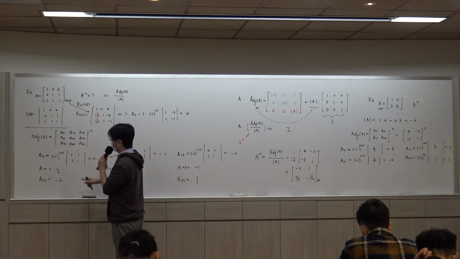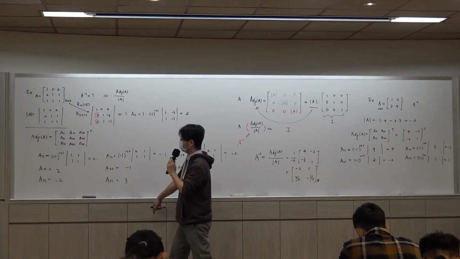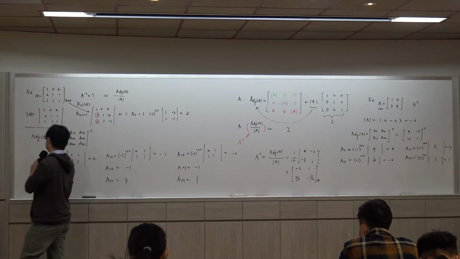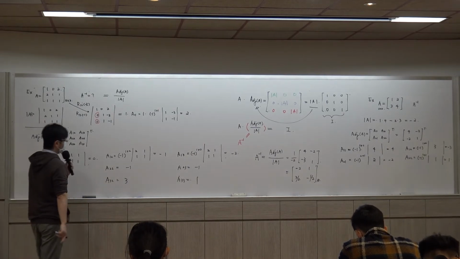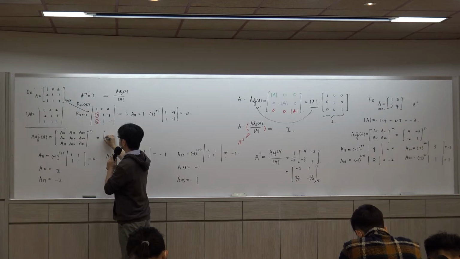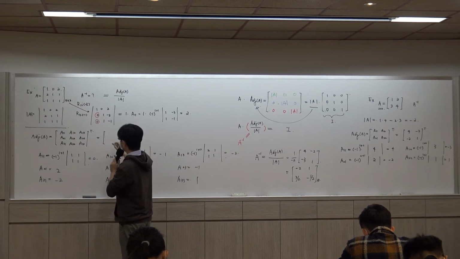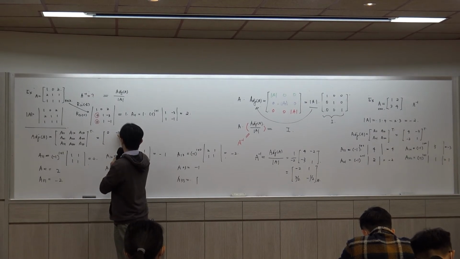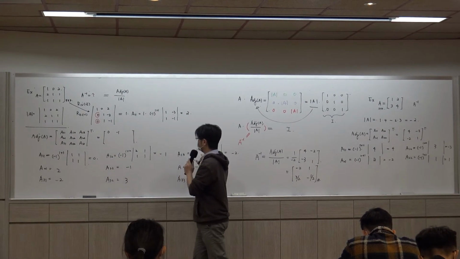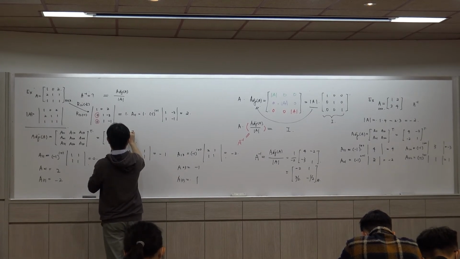Okay, after calculation, the 9 cofactors, and we can have the adjoint matrix A here. We just put the cofactors into the matrix.